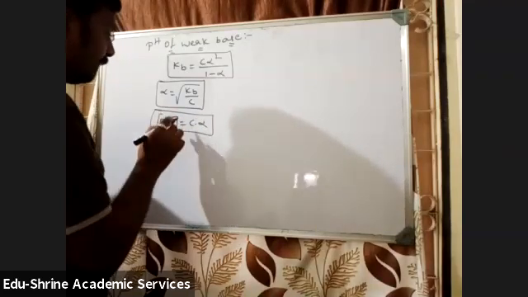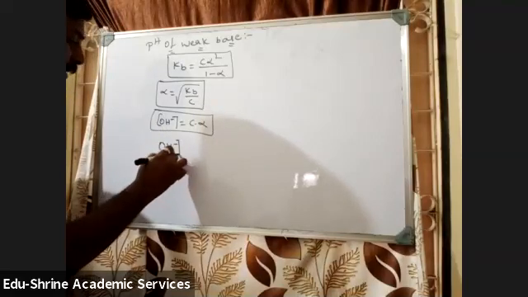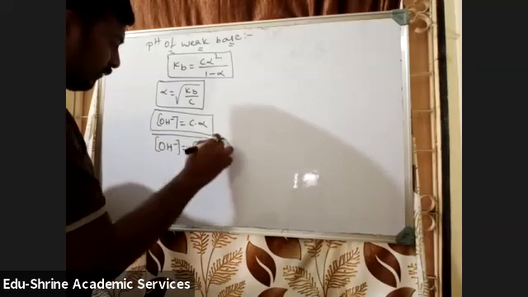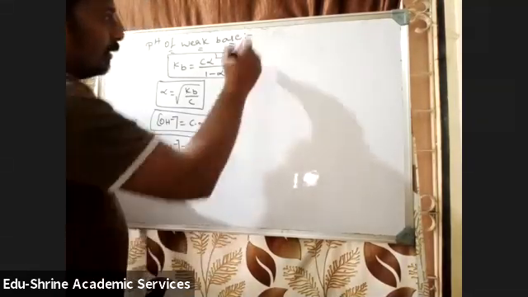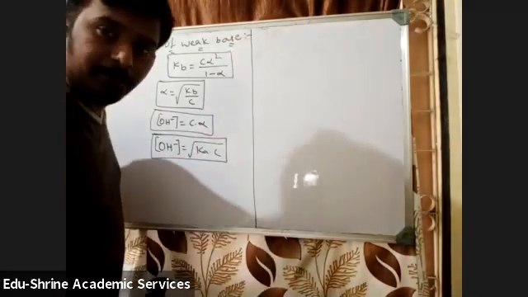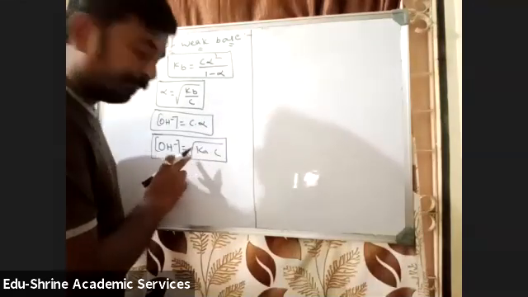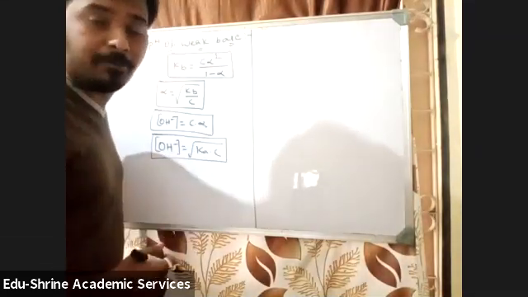This is one formula. If I substitute the value of alpha here, you will get the concentration of OH minus is equal to root Kb into C. Then we can derive the pH expression. Before going into the pH expression, we can derive the pOH expression, which will be similar to the pH expression we got for weak acid.